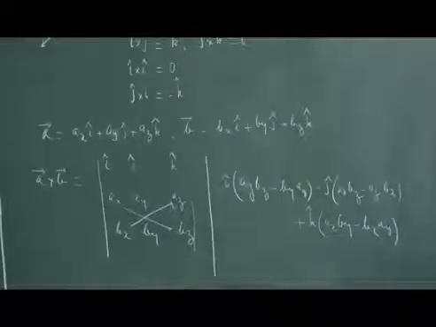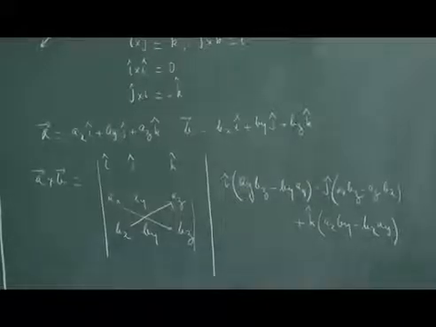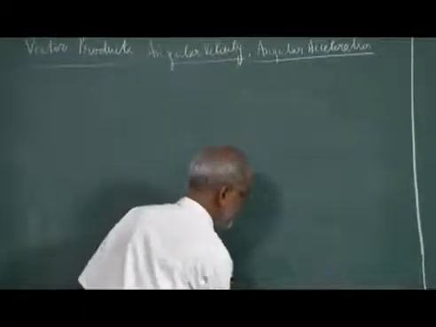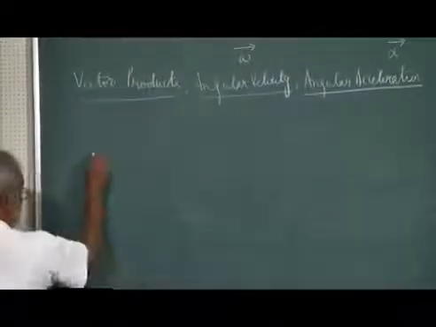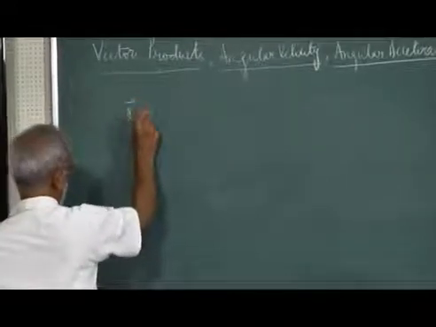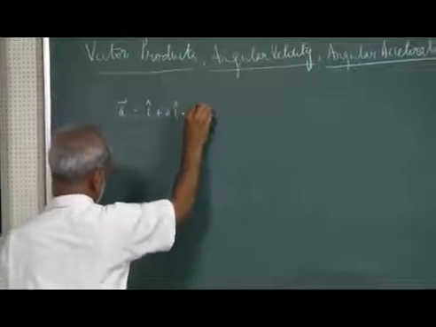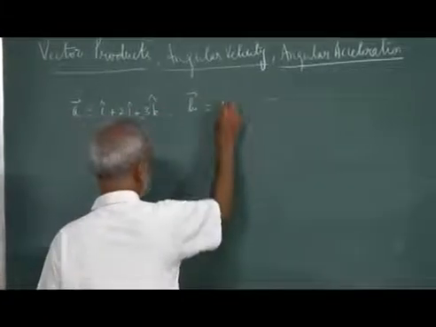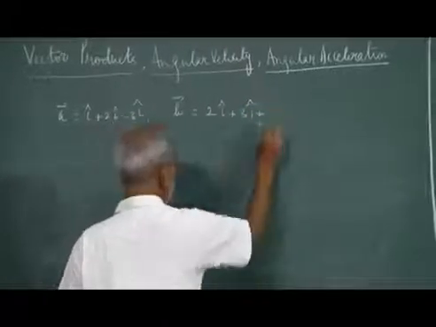So you should try to do various such problems from books. Now I will take a simple example and illustrate an important property of cross product, which we have already said, but just as an illustration. Suppose I take two vectors. One vector A is I plus 2j plus 3k, and B vector, I can take arbitrarily any two vectors, is 2i plus 3j plus 4k.